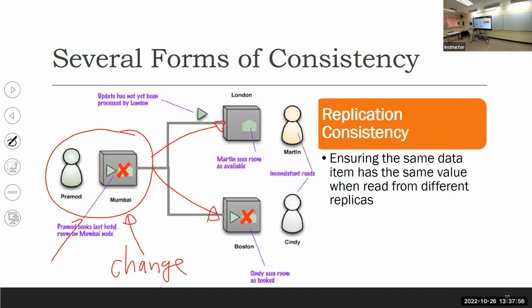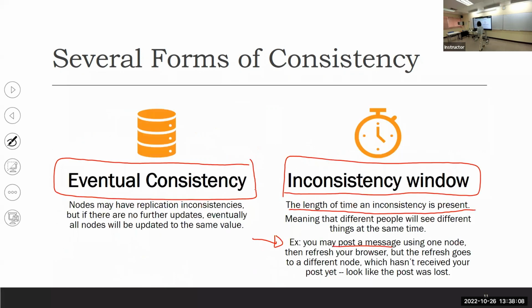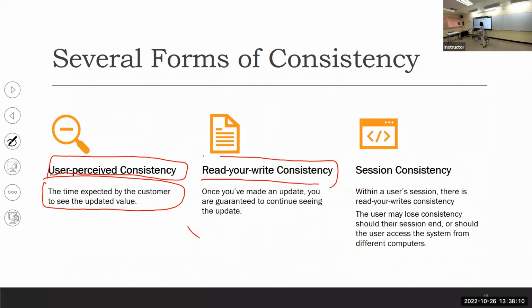if you read your change from here, it will be fine. But if you read the change from here and the change has not arrived there yet, of course, you will not see the change. So if the system guarantees read-your-own-write consistency, it will try to make sure that you read from the same node every time so that you can see your own change and you don't feel worried.